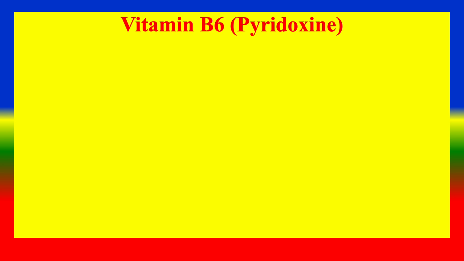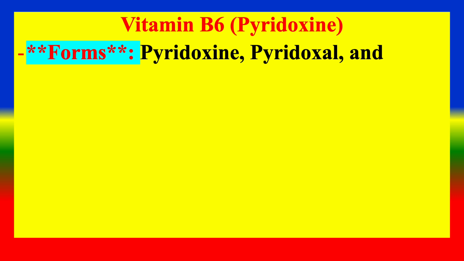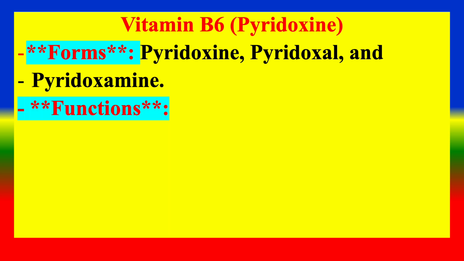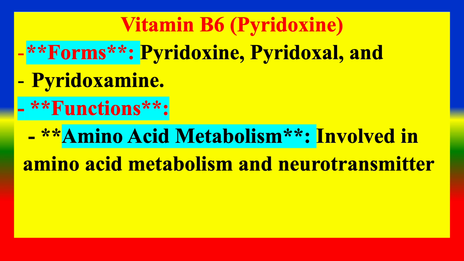Vitamin B6, pyridoxine, forms pyridoxine, pyridoxal and pyridoxamine. Functions: amino acid metabolism, involved in amino acid metabolism and neurotransmitter synthesis.